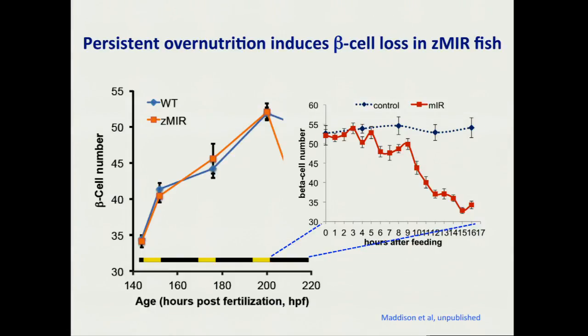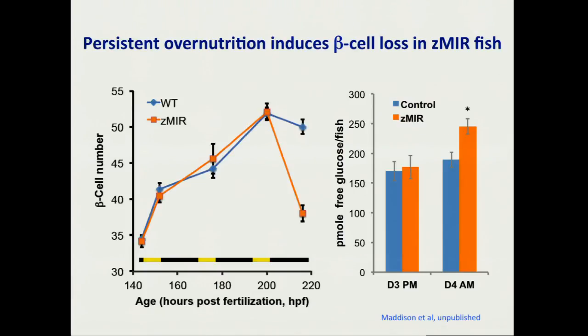But after 10 to 15 hours, most of the beta cells are gone. This decline is also consequential, because in this model, which we call the zebrafish muscle insulin resistant, or ZMIR model, there is an increase of free glucose, suggesting that they are hyperglycemic.